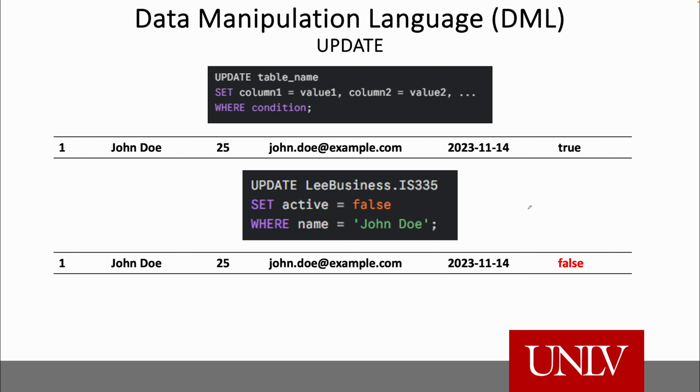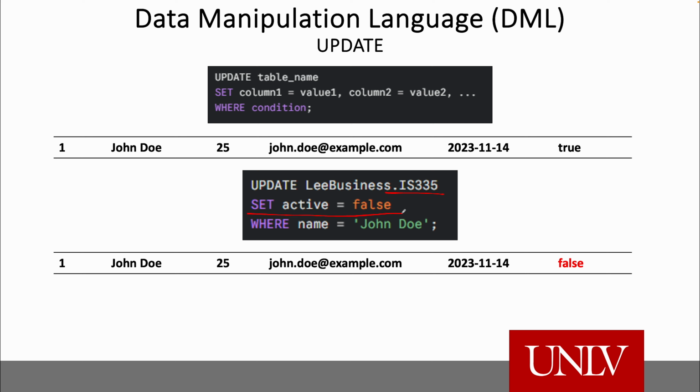We can also modify the existing data in the table using the update statement with set to change the value, as well as a where condition with some conditional restriction. The statement update Lee Business IS335 specifies that we want to update the IS335 table within the Lee Business database.